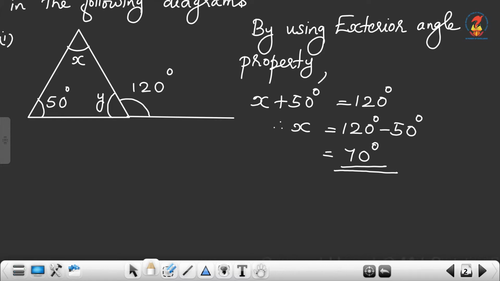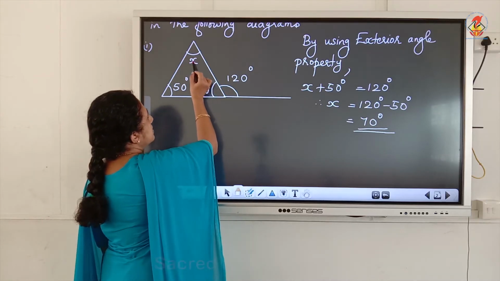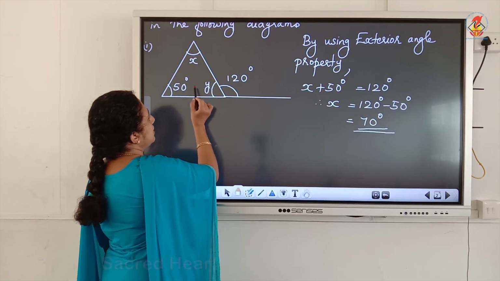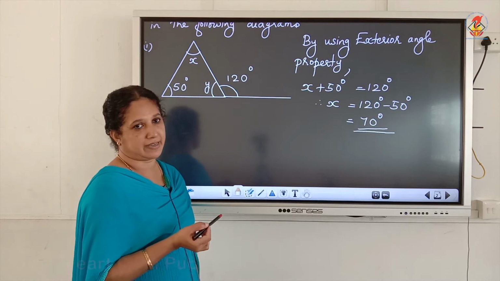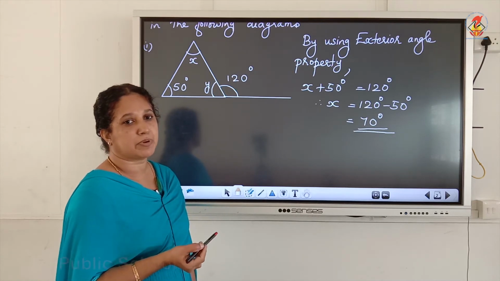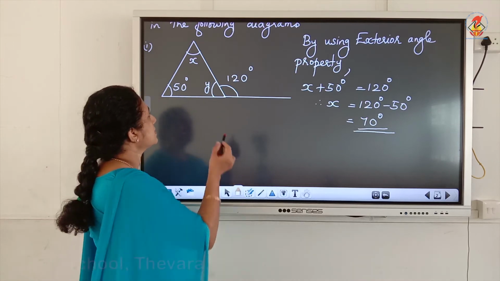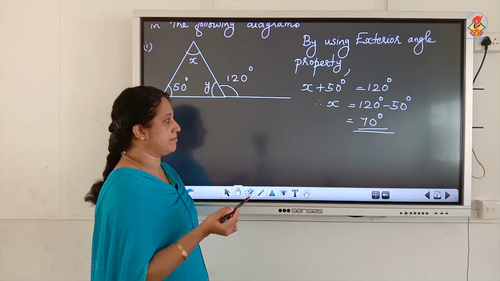Now we have to find the value of y. When you consider this triangle, you can see that x, 50 degree and y are the three interior angles of the triangle. And what is the angle sum property of a triangle? The sum of the measures of the three angles is equal to 180 degree.